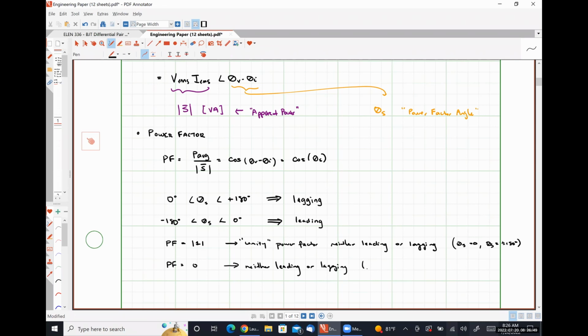And this occurs when theta S is equal to plus or minus 90 degrees.